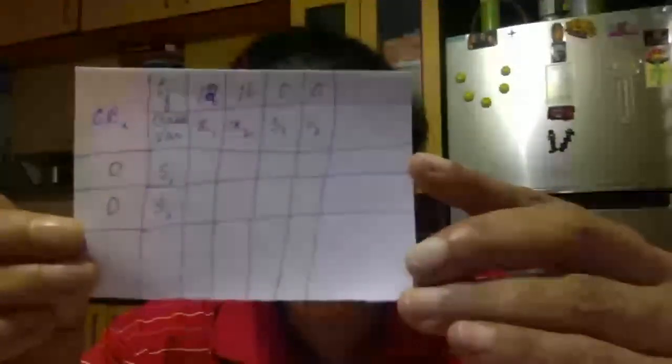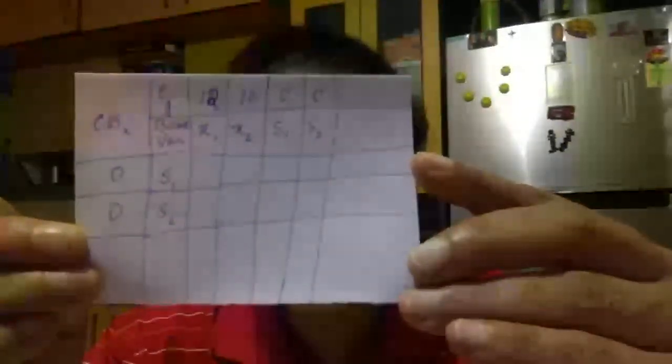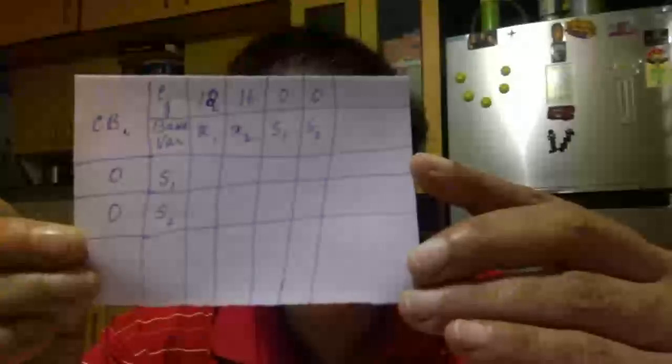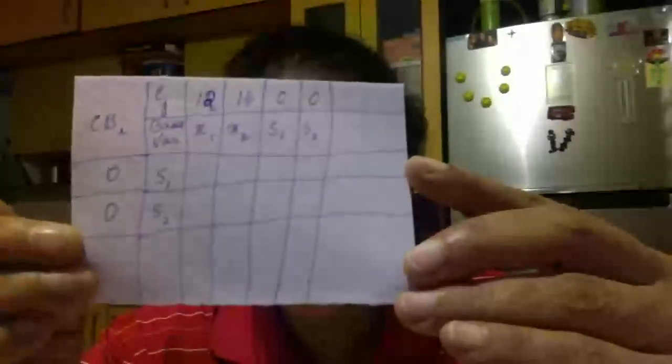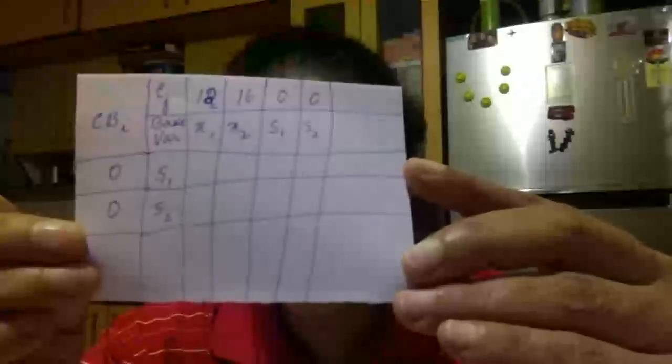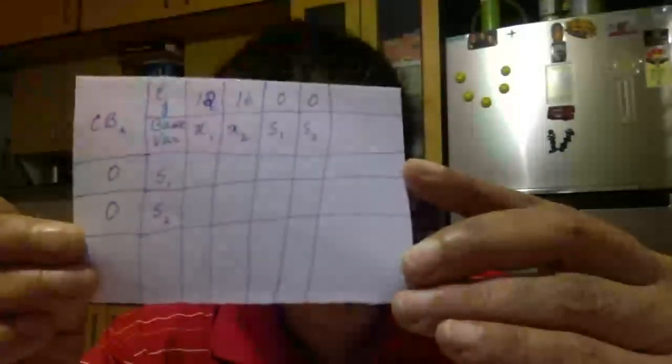I hope you all got the same thing. Now you will have guessed what I am going to put. Now suppose the cell is S1X1. What am I going to put? In the S1 row, I am going to add the coefficients of the first constraint.